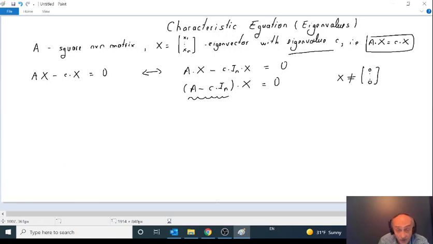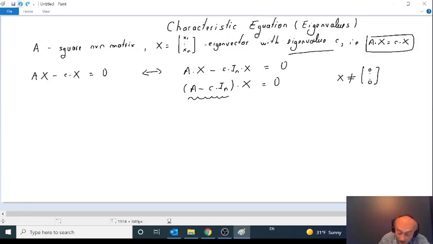Because if it were invertible, I could simply multiply by its inverse, which is what we informally say divide out by this guy. So if it were invertible, I would conclude that x has to be 0, 0, 0. That's not the case.